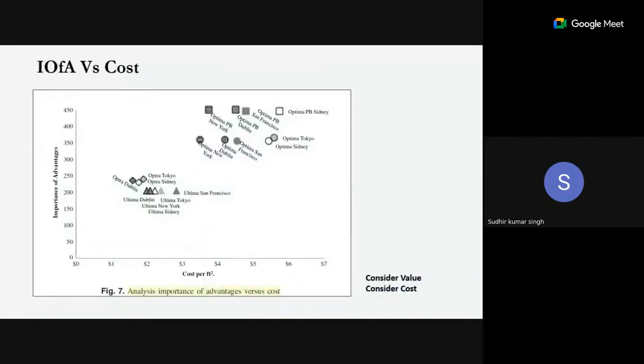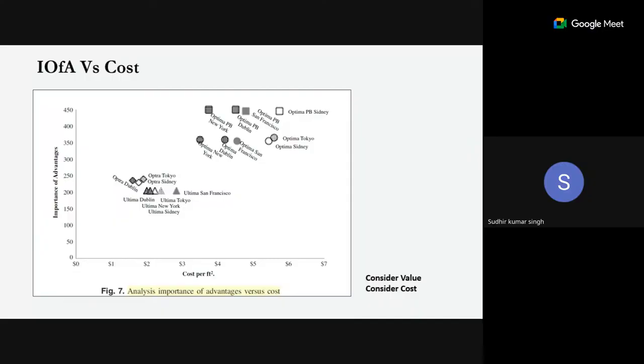So then what I do is I draw or plot the values of I of A with respect to the cost taken on the horizontal axis, I of A taken on the vertical axis, and we plot the values for different alternatives. You will say there were only 4 alternatives. Why are there so many points on the graph?